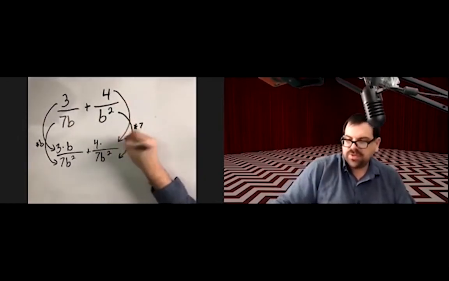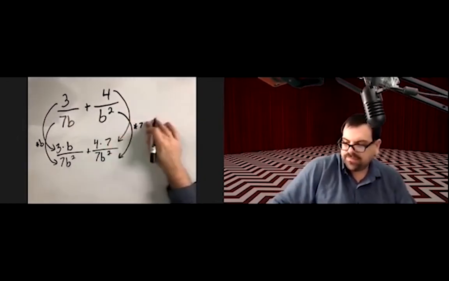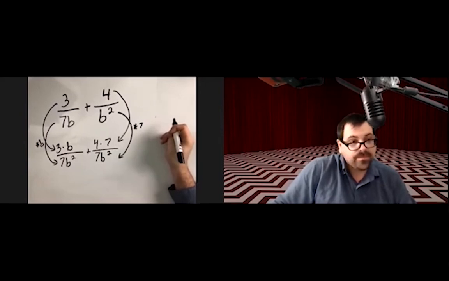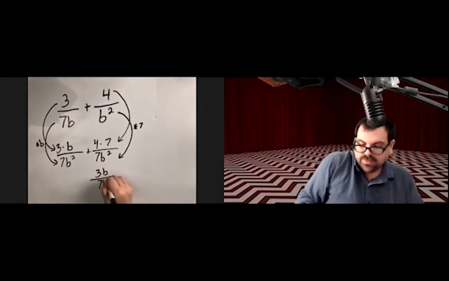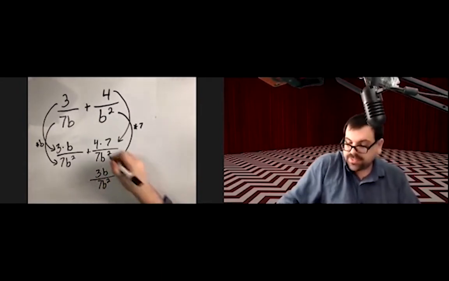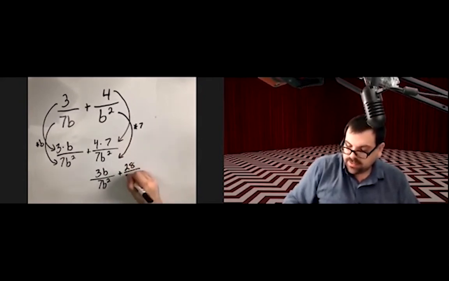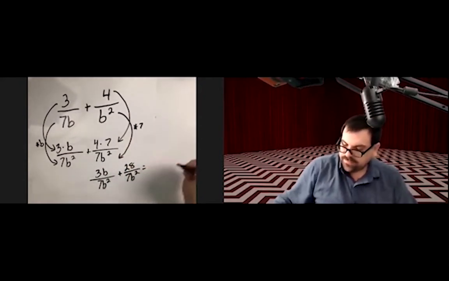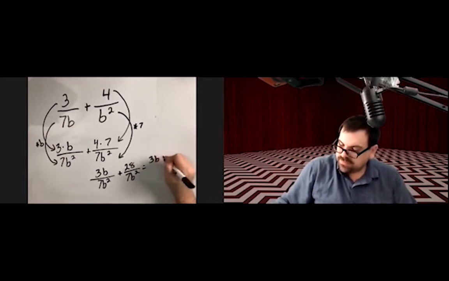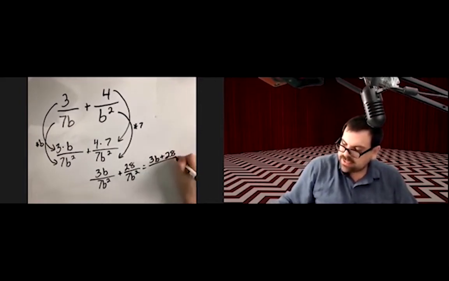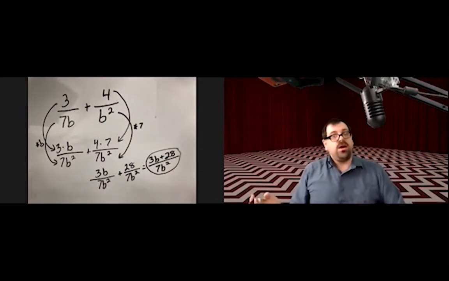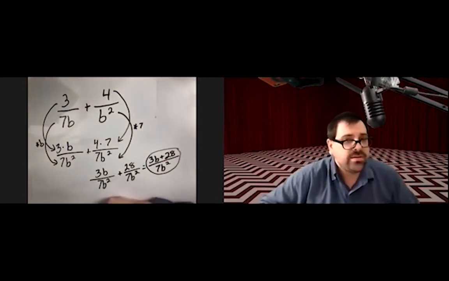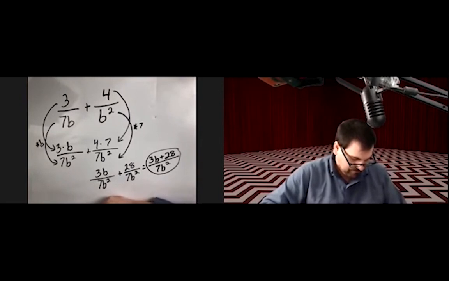So the top would also be 4 times 7. This gives us 3b over 7b squared plus 28 over 7b squared. And this is 3b plus 28 all over 7b squared. Can we factor anything out of the top? No, this cannot possibly simplify any further then.